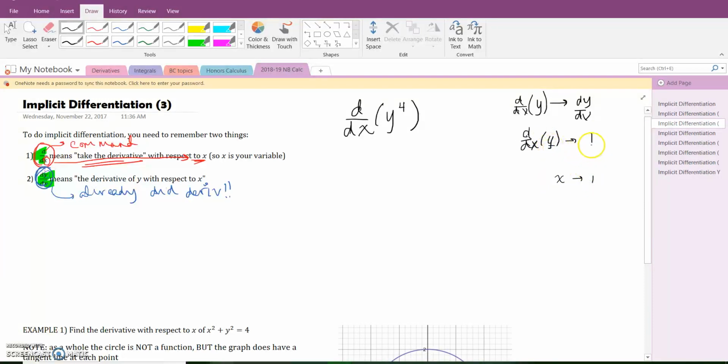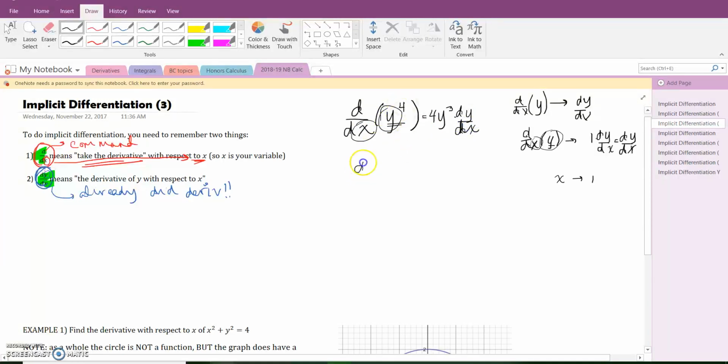So y's derivative is 1, but because these variables didn't match up, I had to multiply 1 by dy dx, which means derivative of y with respect to x. And 1 times dy dx is dy dx. So here, I'm going to do the derivative of y to the fourth, which using the shortcut is 4y cubed. But because these variables are not the same, I have to multiply by dy dx.